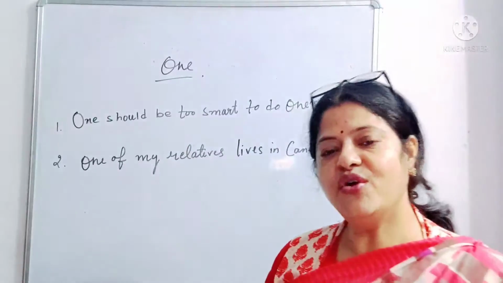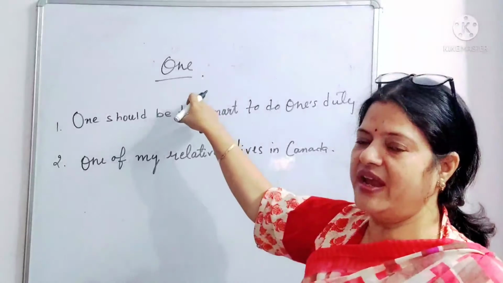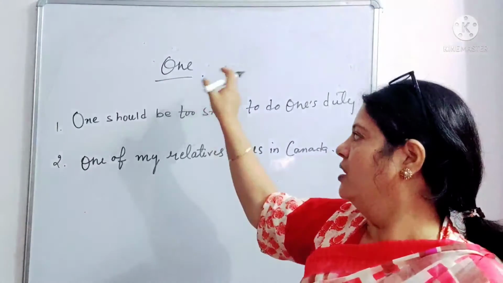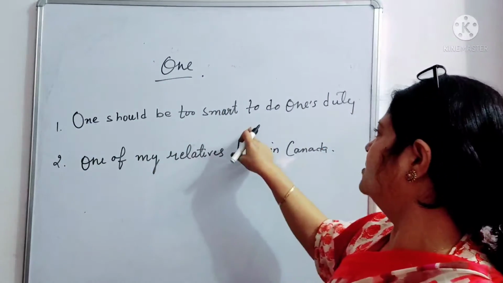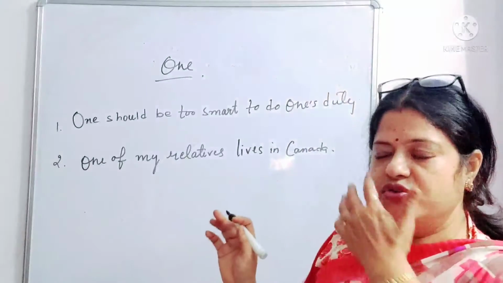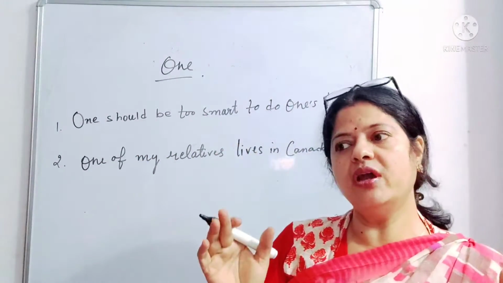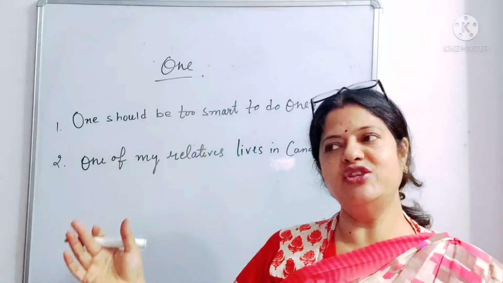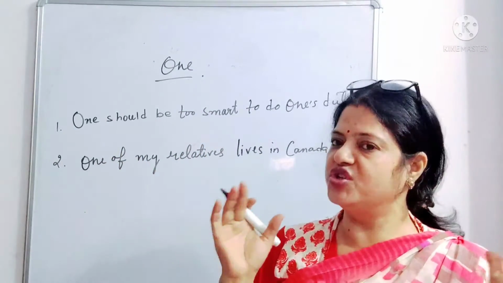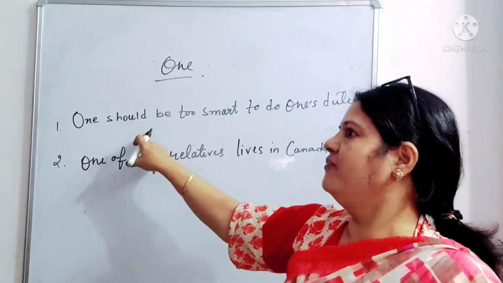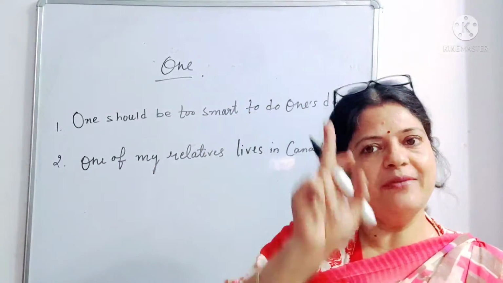Let's see. So here I have taken one indefinite singular pronoun. One should be too smart to do one's duty. So here we see that one should be, even if we are talking about people in general, still we are indicating towards one person.